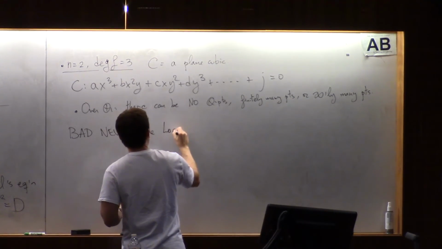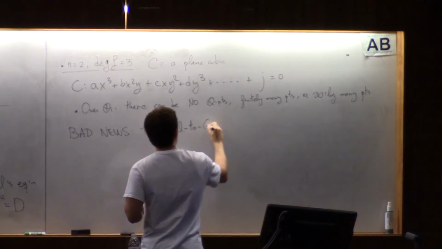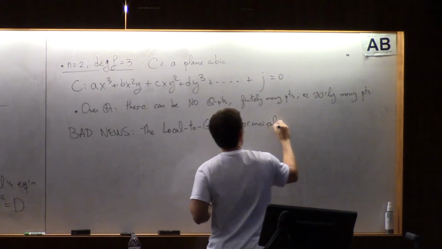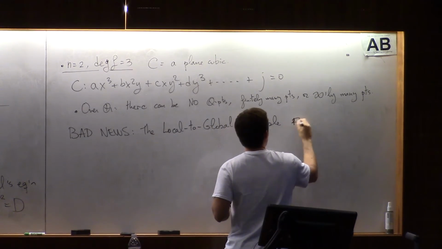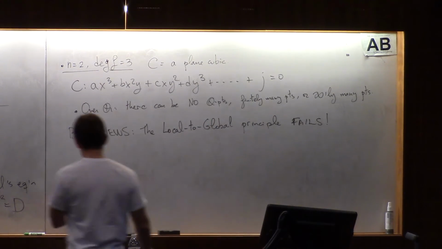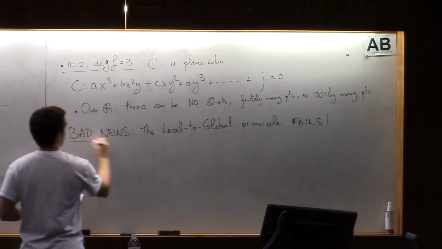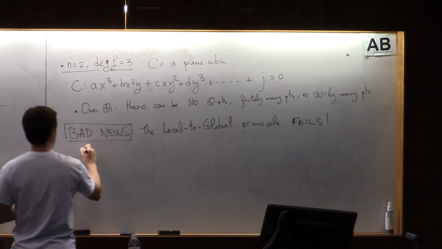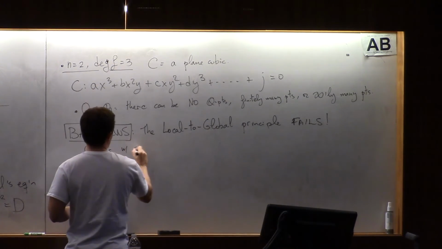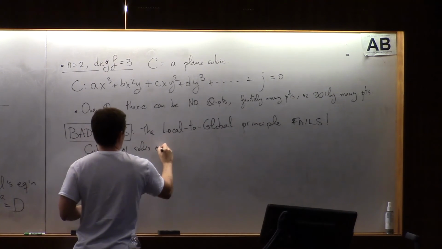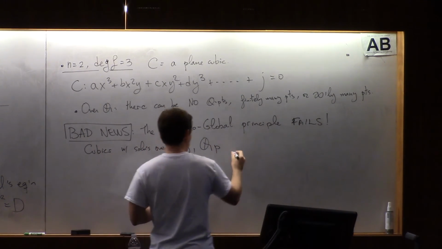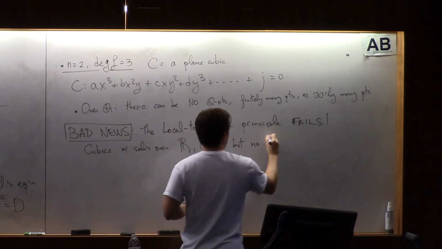So the local to global principle that we know fails. So there are cubics that have solutions over R and over Q_p, but there are no Q solutions.